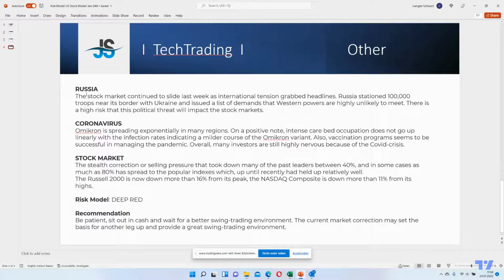Now nobody knows exactly what's going on in Putin's head, what he's thinking. But if that situation at the Ukraine border would escalate, that would certainly also have a higher impact on the global stock markets.